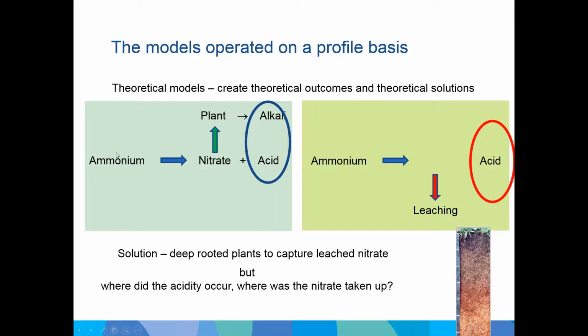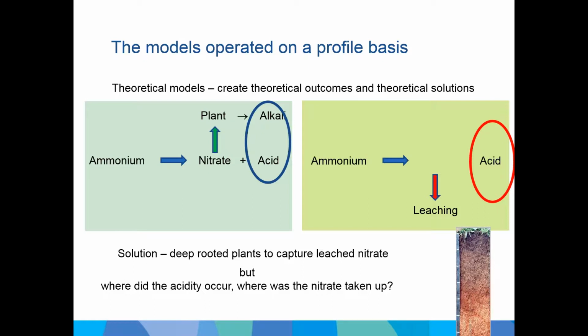This ammonium is either coming from fertilizer addition or from the breakdown of organic matter, which happens in the soil surface up here. That's where the nitrate's formed, that's where the acid is produced, and the acid will stay. Then the nitrate leaches and is taken up in the subsoil, and that's where the alkali will be released by the plant. So even if you get uptake of nitrate, you'll still acidify the surface soil.